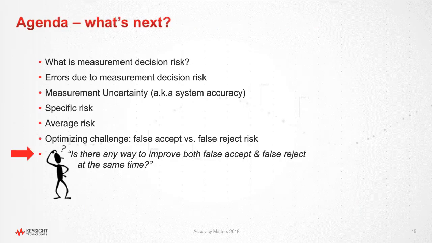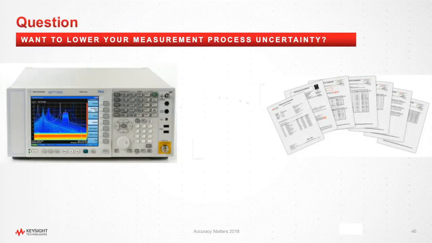So you might be thinking, well, come on, is there some way to reduce both false accept and false reject? And there is. If you lower your measurement uncertainty, then you will lower at the same time both your false accept risk and your false reject risk.